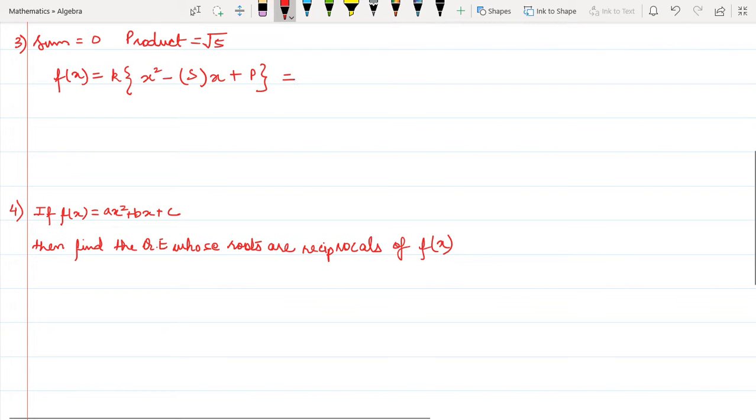If I fill in the values here, I get k x square minus sum of roots is 0, so 0 into x plus product of roots is root 5, so I get root 5, and my final answer will be k times of x square plus root 5.